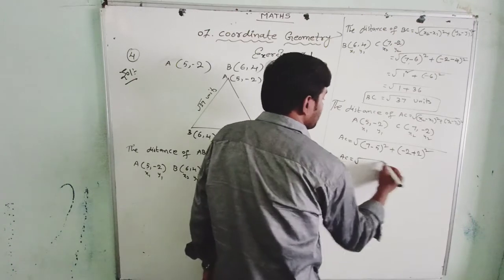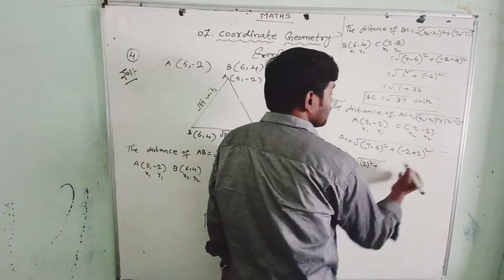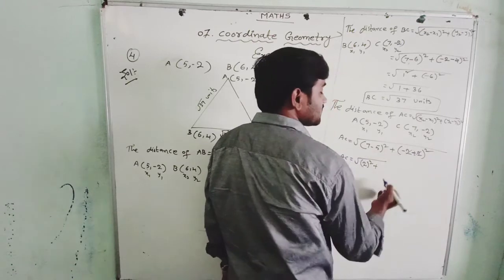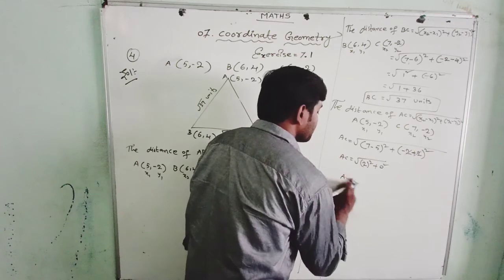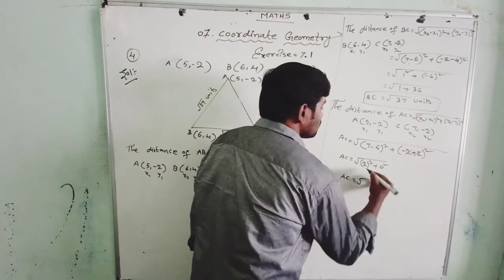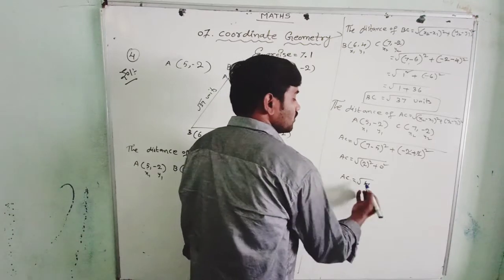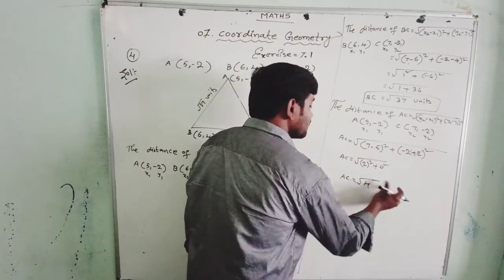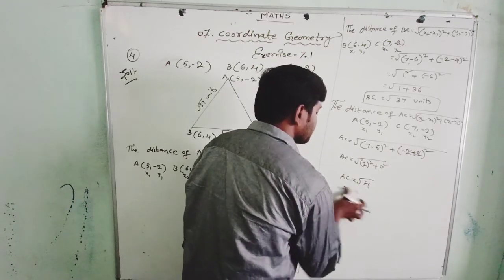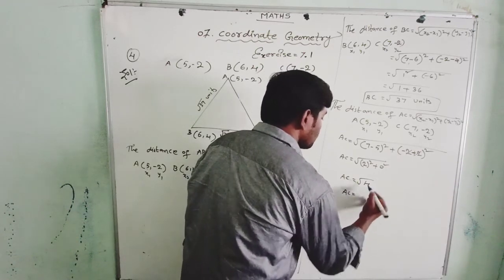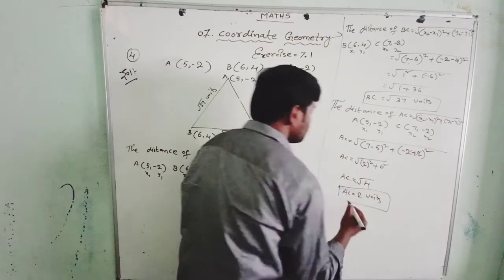AC equals under root of 7 minus 5 that is 2 whole square plus minus 2 plus 2 gets cancelled, 0 square which is 0. So AC equals 2 square value is 4, 0 square value is 0. Root 4 value is 2. AC equals 2 units.